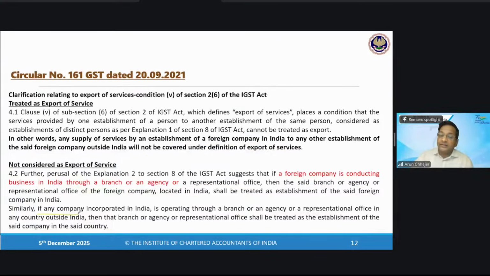Similarly, very important, if a company incorporated in India is operating through a branch or agency or representation office in any country outside India, vice versa, whatever example we have taken, then it will be treated as establishment of the company in that country and therefore it cannot be the export of service also.